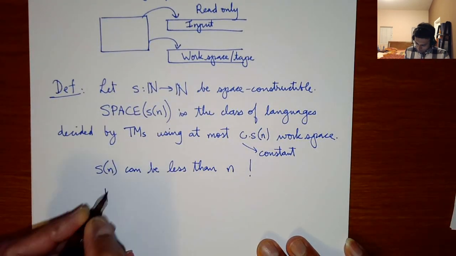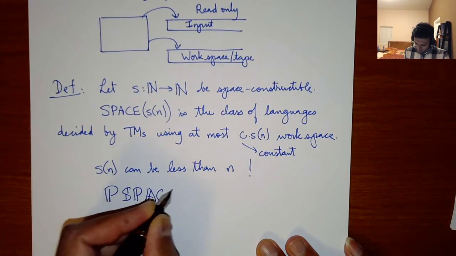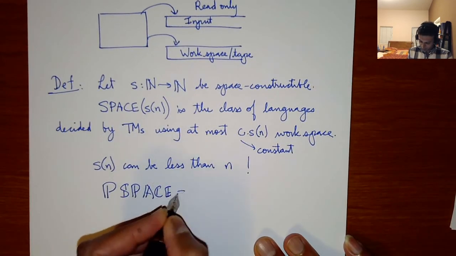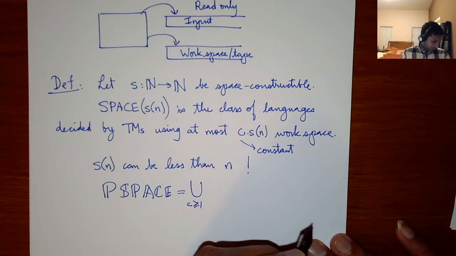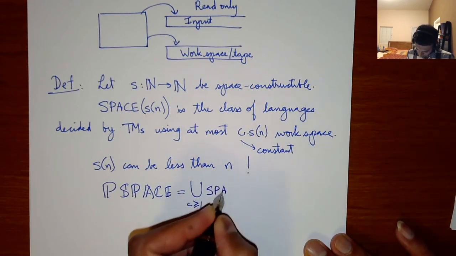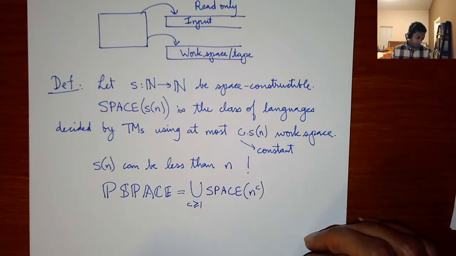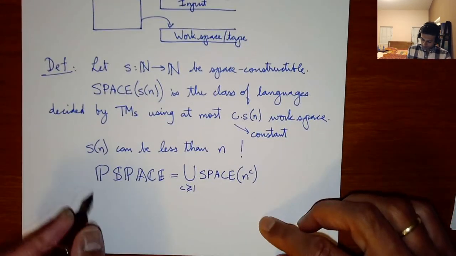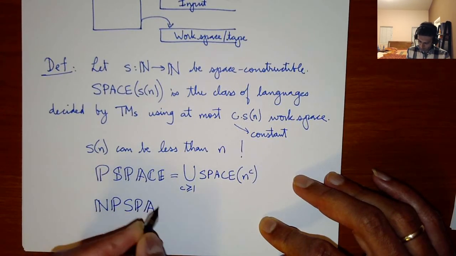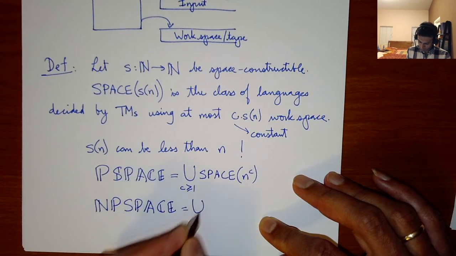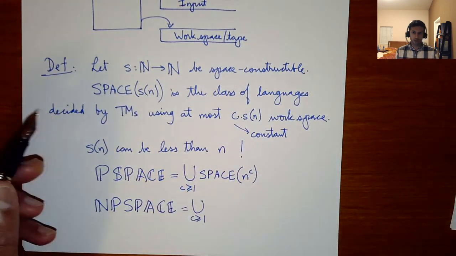And within this, now that we have PSPACE, which is all polynomial space algorithms, we can have non-deterministic PSPACE, where I can have the same definition except use non-deterministic Turing machines, right?